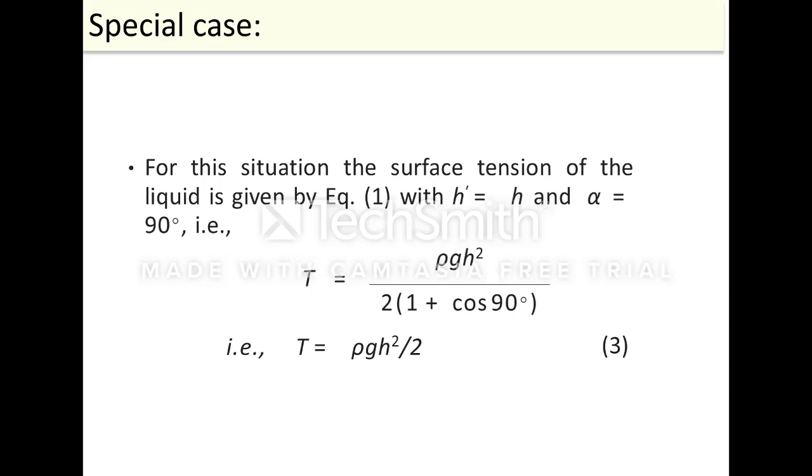For this situation, the surface tension of the liquid is given by equation 1 with h dash equal to h and alpha equal to 90 degree. That is T is equal to rho g h square divided by 2 times (1 plus cos 90 degree). That is T is equal to rho g h square by 2.